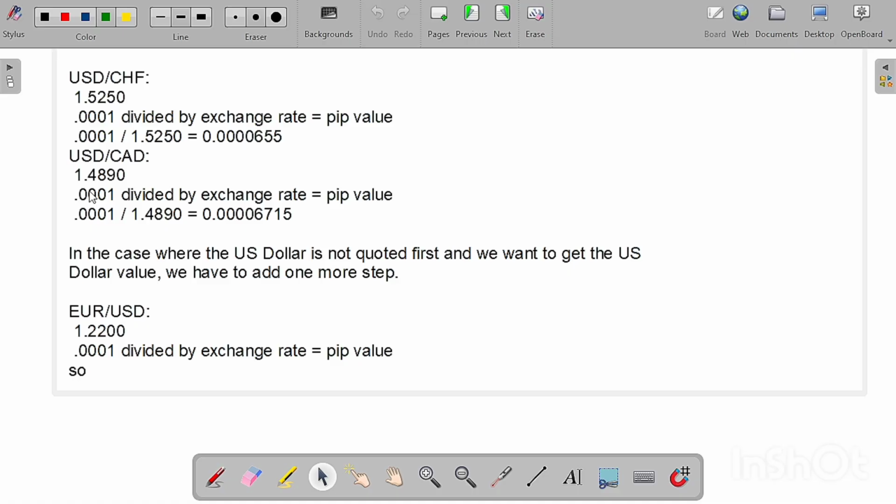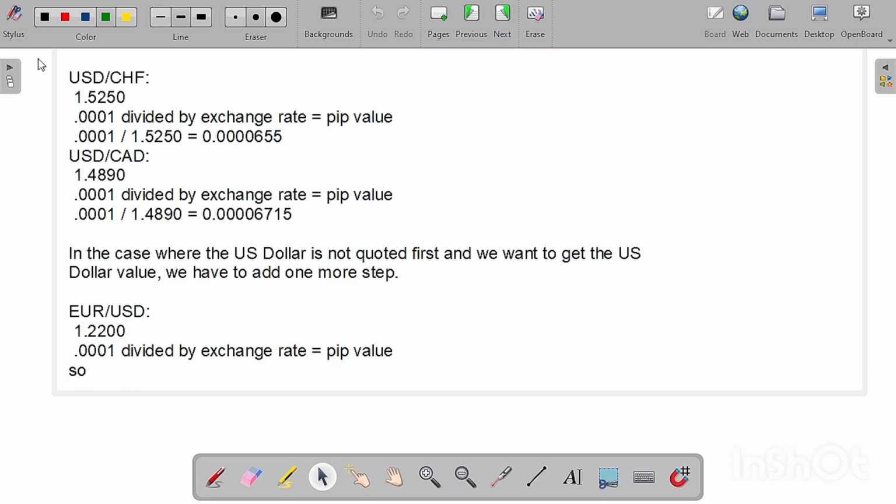But when the dollar is the quote currency, let's see how the formula works. We have EUR USD. Now the dollar is the quote currency, so you need $1.2200 to buy 1 euro at this point. How many decimal places do we have? 4 decimal places, divided by the exchange rate is equal to the pip value. This is the same as the previous one.